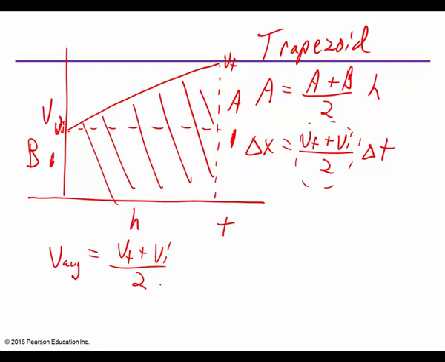Now, what about our last kinematic, the V F squared and V I squared one? Well, we know that delta X is equal to V F plus V I over 2 times delta T. Now remember, we're dealing with constant acceleration.